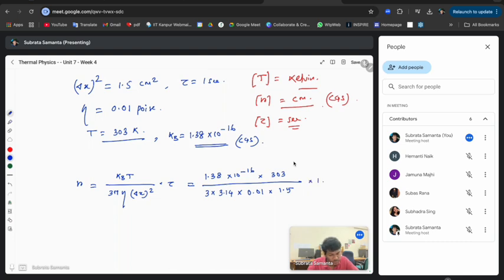Calculating, that gives 0.29 times 10 to the power minus 12. The unit is CGS, so it is centimeter.